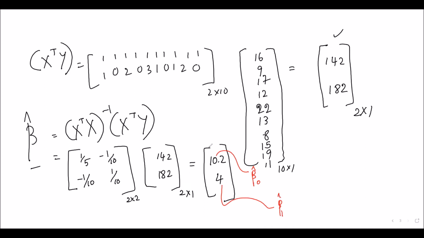So even by using matrix notation, you can obtain these two. So this is our end goal, estimating beta naught and beta 1. So here you can say beta naught hat is equal to 10.2, beta 1 hat is equal to 4.